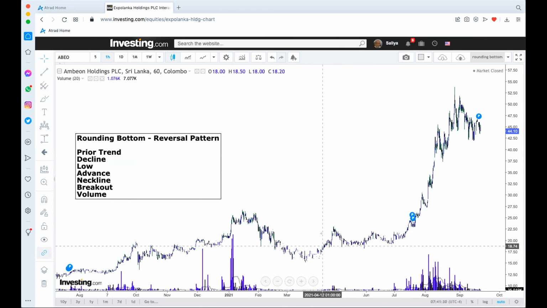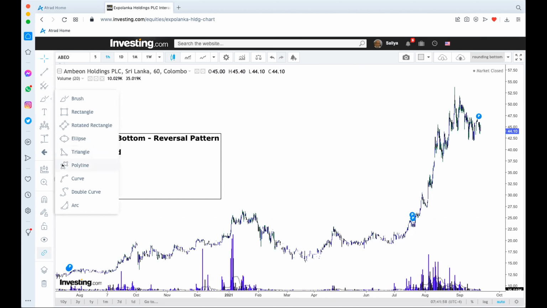So basically you have 3 rounded bottoms, right? And in order to make use of this pattern, first we spot the top or the starting point of the rounding bottom pattern. You can make use of this high or this high. And you go to this tool where the brush is, click on it, you have the curve.